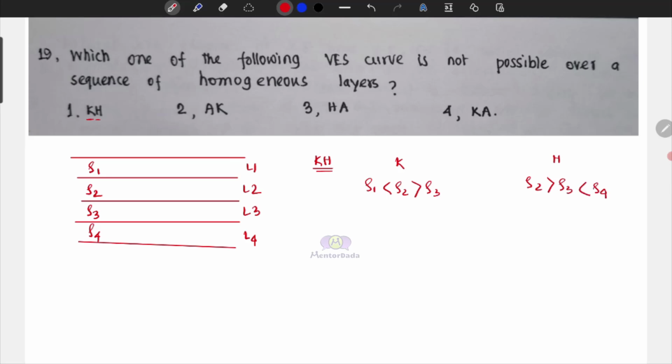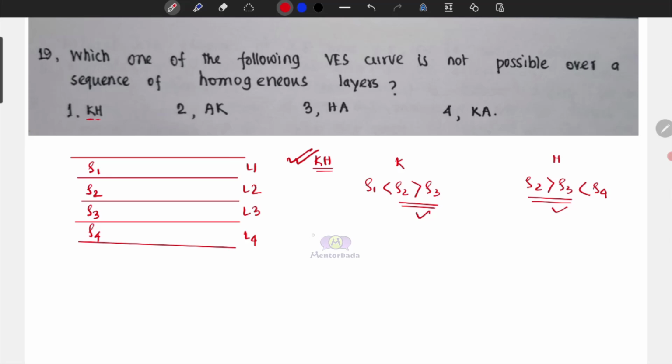So in this case, just look at this. The last 2 parts of K and the first 2 parts of H are the same in condition. So KH curve is possible.